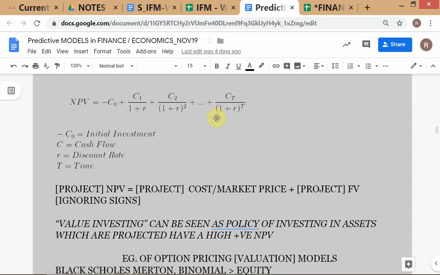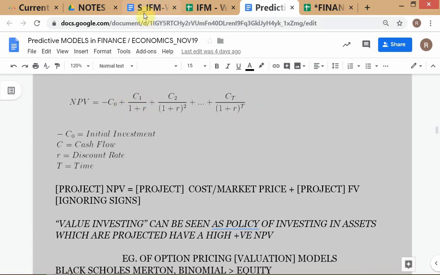Everybody normally goes straight to NPV and doesn't see the components. The part other than the cost of the project is the returns from the project, which is the fair value of the project. So NPV is a specific calculation done with respect to this, but it's important to understand that the fair value of the project is contained in these terms.